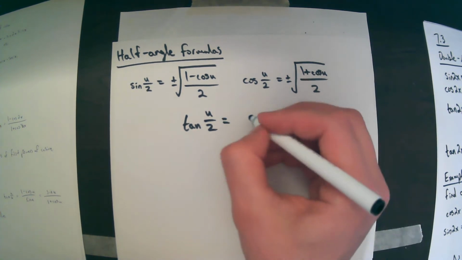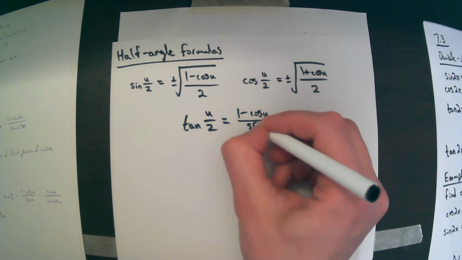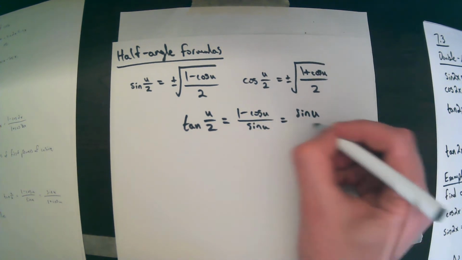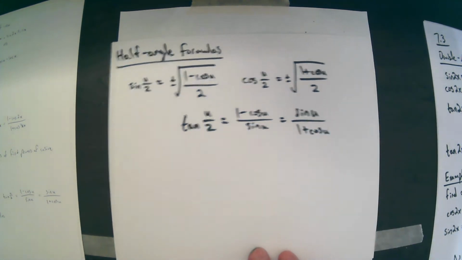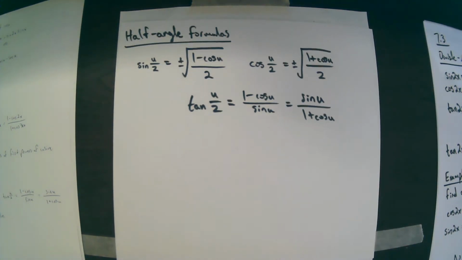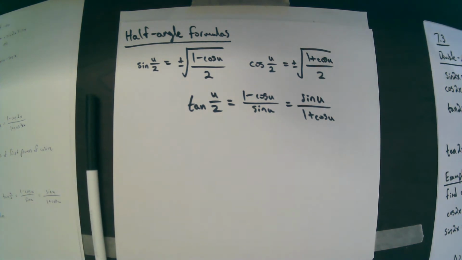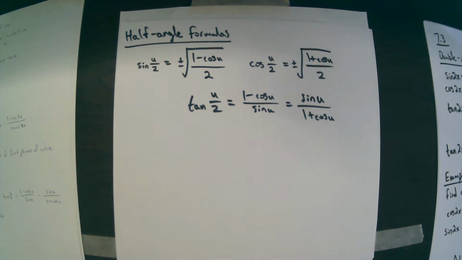And tangent of u over 2 is 1 minus cosine u over sine u, or we have options for tangent, sine of u over 1 plus cosine u. So what's happening here is these formulas are for a number of things, but I suppose the main use of them is if you've got half of some special angle that you know about, that's when you use the half-angle formulas.